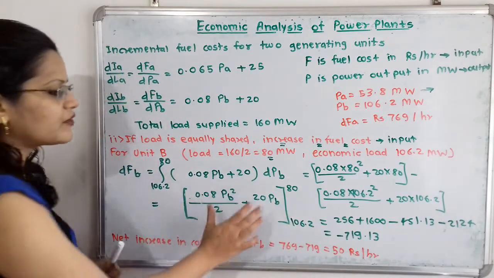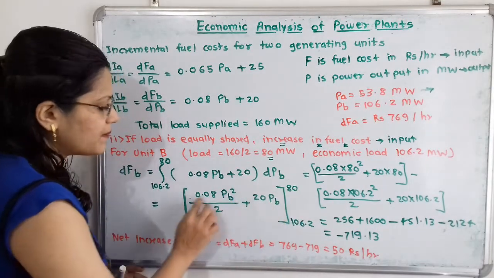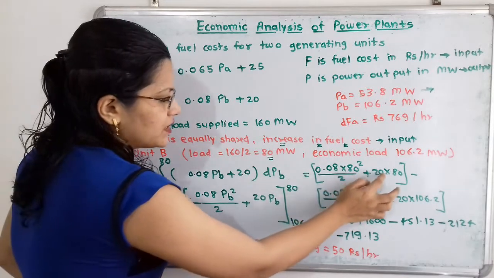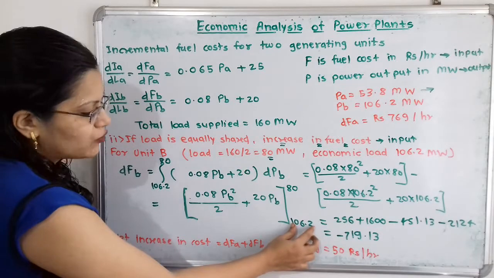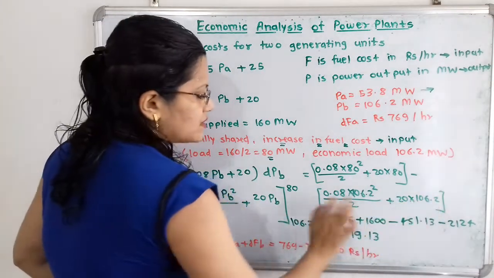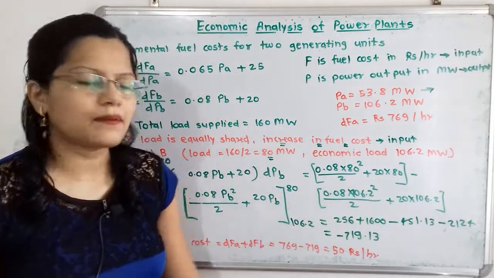Now in the same way we have to solve this. So first we will take 80 instead of PB, that is 0.08 into 80 square by 2 plus 20 into 80, bracket complete, minus, in the second bracket we have to put 106.2 instead of PB. So here is the bracket.